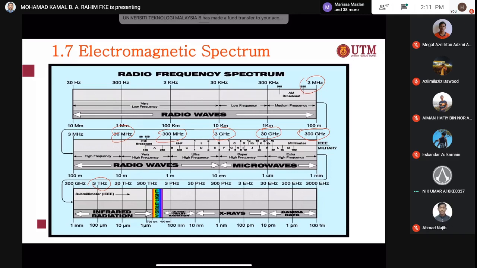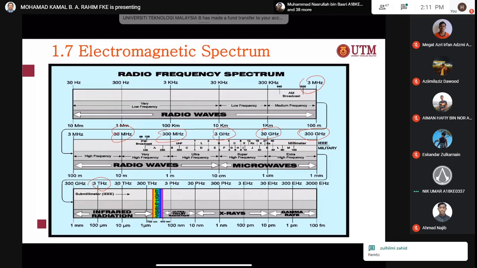Micro is 10 to the power of minus 6, and then 10 to the power of minus 9 is nano. And then 10 to the power of minus 12 is pico. 10 to the power of minus 15 is never used, femto. And so on, there are more.